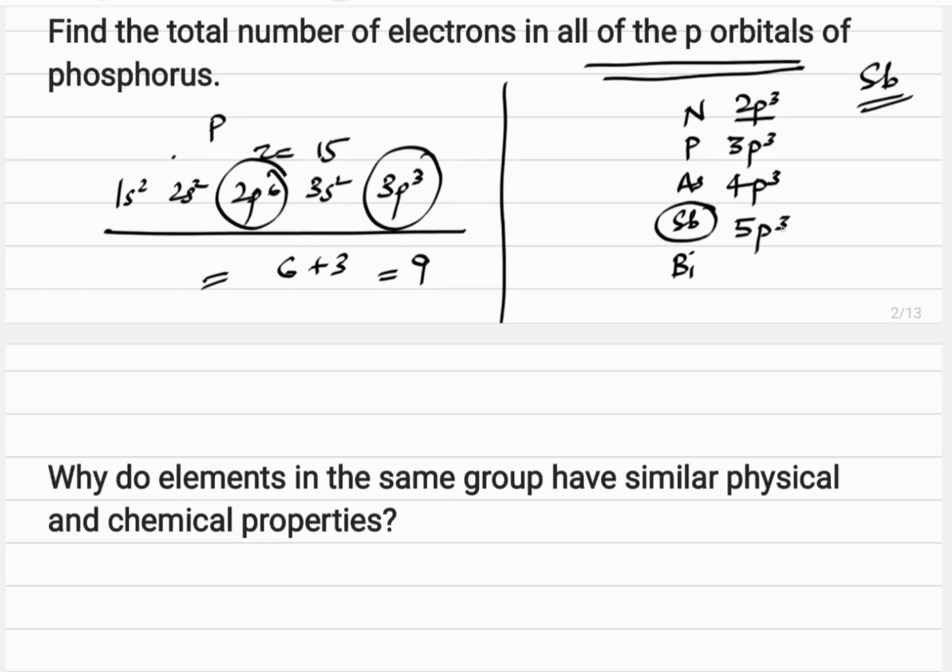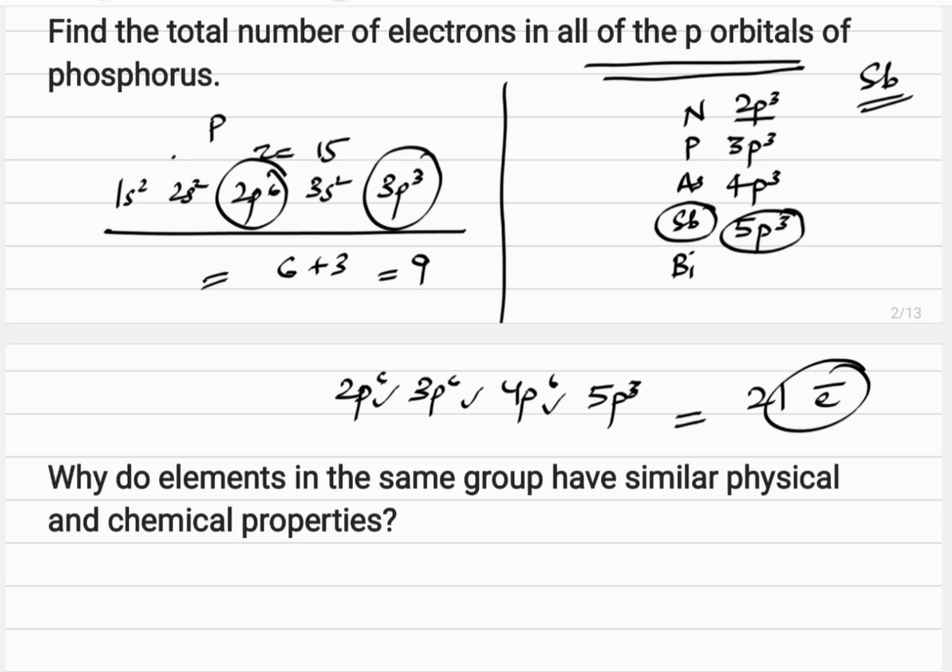If it is 5p3, that means all the p orbitals before this are completely filled. That means we have 2p completely filled, 3p completely filled, 4p completely filled, and then finally we have 5p3. So 6 plus 6 plus 6, 18 plus 3, 21 p electrons in antimony.